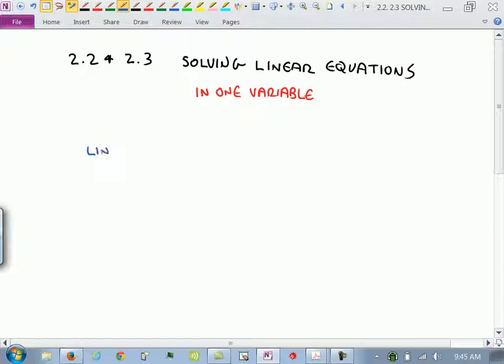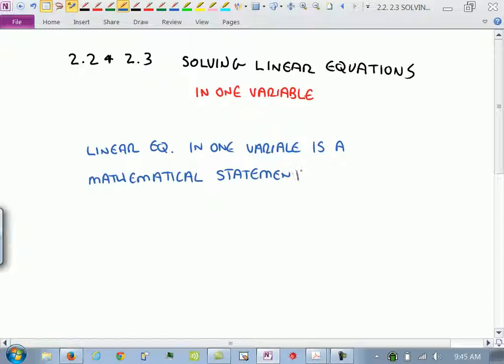A linear equation, I'm just going to put EQ, in 1 variable is a mathematical statement with these things. 1, equal sign.